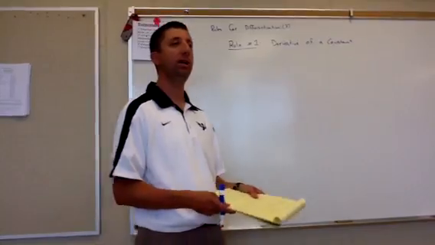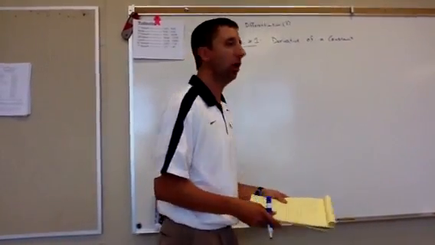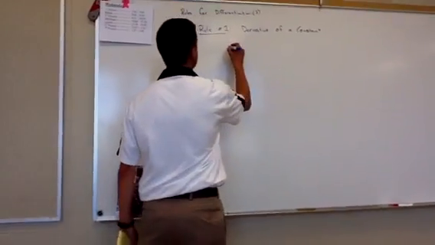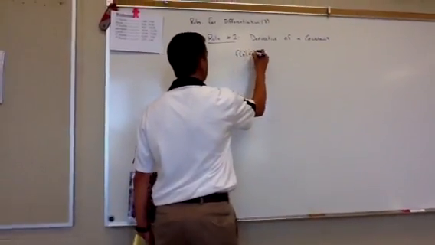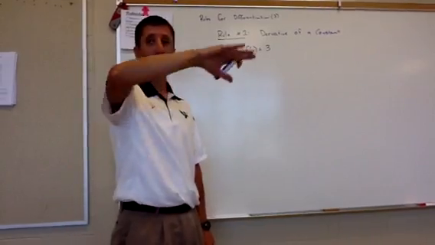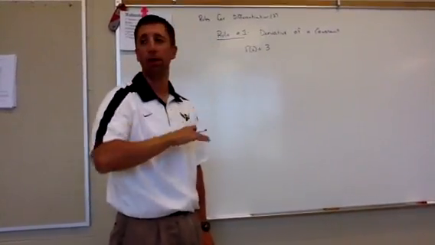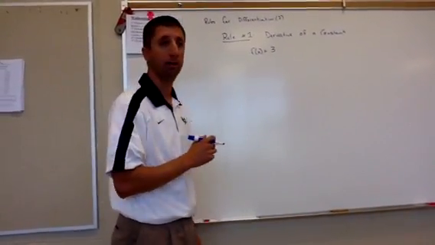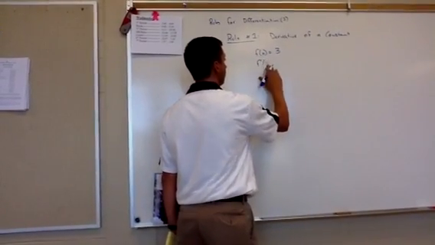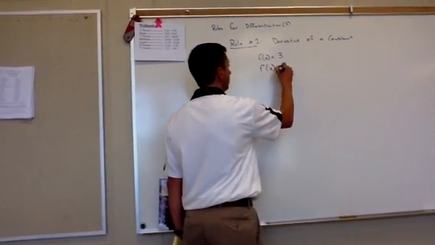Because what is a derivative? Slope. So if I gave you f of x equals 3, okay, that's a constant. That's a horizontal line. What's the slope of a horizontal line? 0. So I would say the derivative of this is 0.